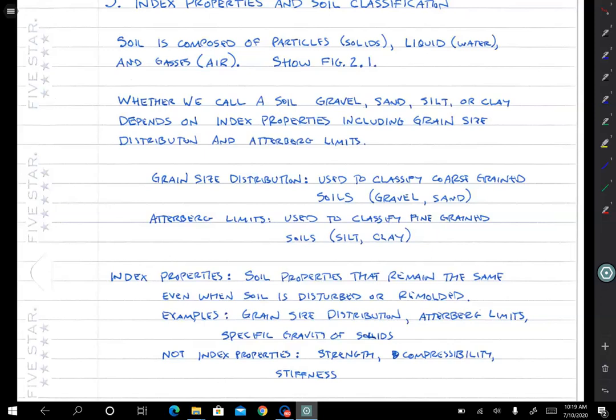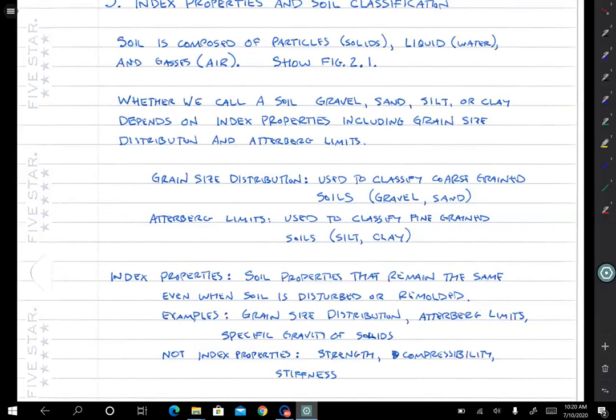Okay, so index properties are defined as ones that do not change even when you remold the soil. So let's say we go to a site, the soil's there, we want to get some soil samples to do some kind of laboratory testing.